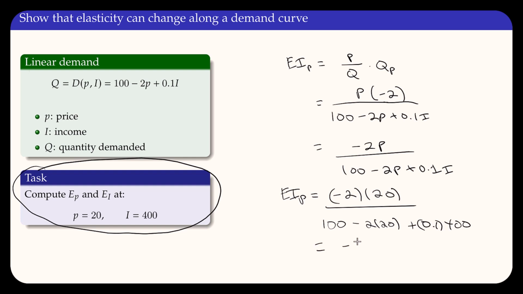And I get minus 40 divided by 100 minus 40 plus 40, and I get negative 0.4 as my price elasticity of demand. Now I'll let you compute the income elasticity yourself as an exercise.